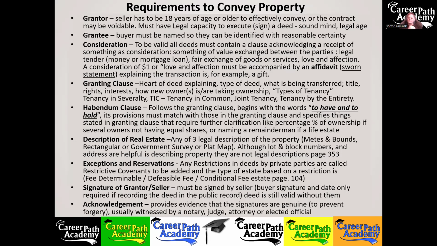And what kind of estate in land is based on a restriction? It's ownership forever based on a restriction: fee determinable, also known as a defeasible fee or conditional fee estate, because it is based on that condition. As long as you don't violate that condition, we're good.